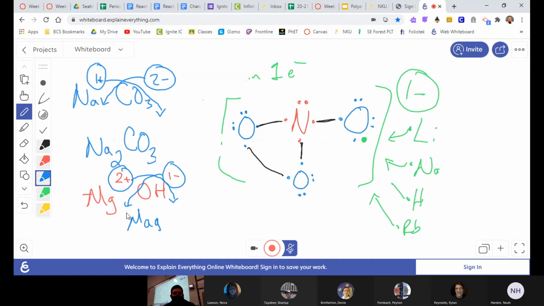So magnesium is going to get 1, and then the OH, 2. However, hold up, on that OH, I need 2 OHs. So I'm going to put parentheses here. The O is going to get 2, and the H is going to get 2. Everything inside those parentheses is going to get 2 when I do that.